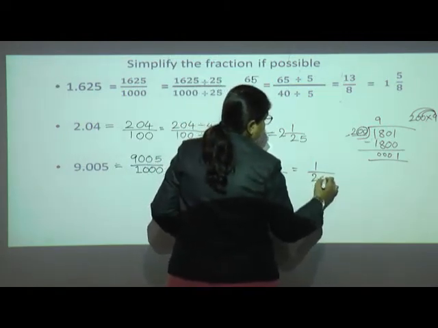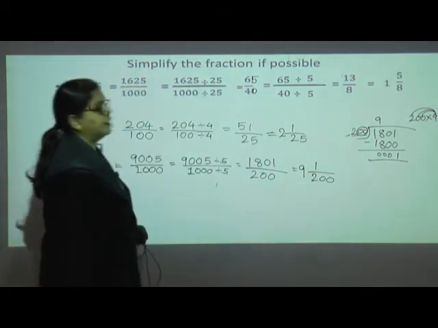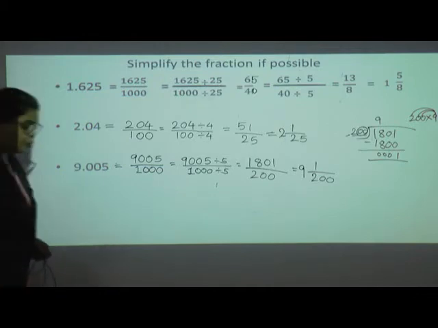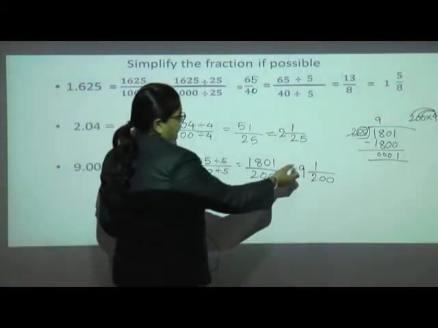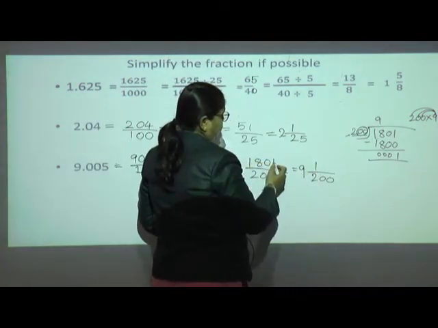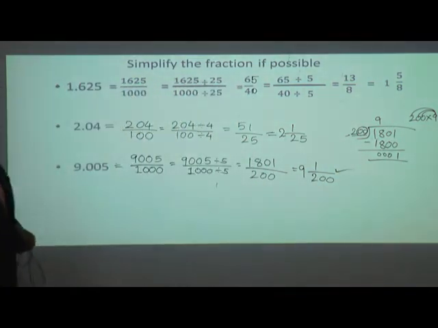This is our denominator 200, and what we got as the quotient should be written as the whole. So it is 9 whole 1 upon 200. If you want to check, you can say 9 twos are 18, 1800 plus 1 is 1801 upon 200. It means our answer is correct.